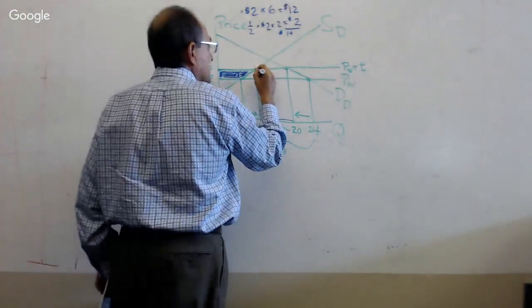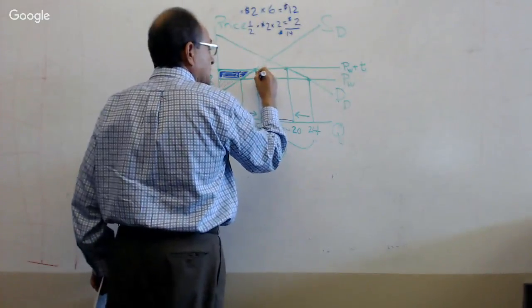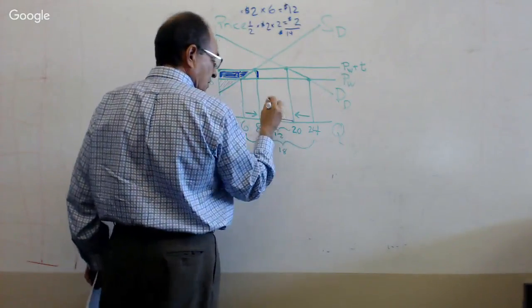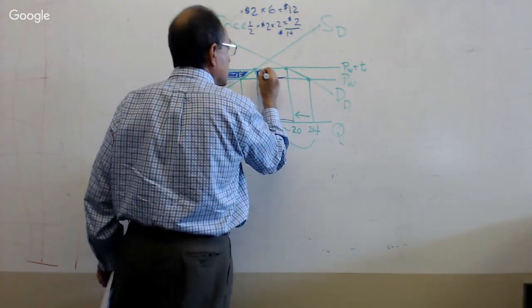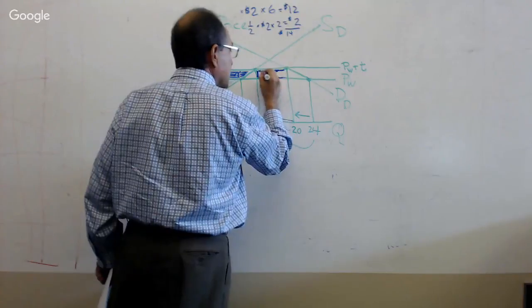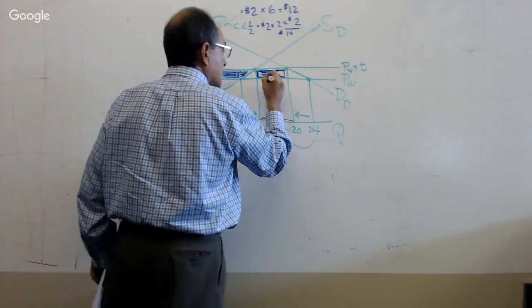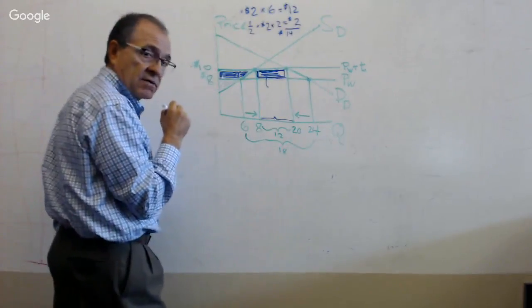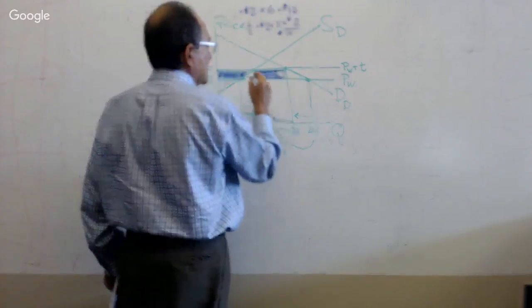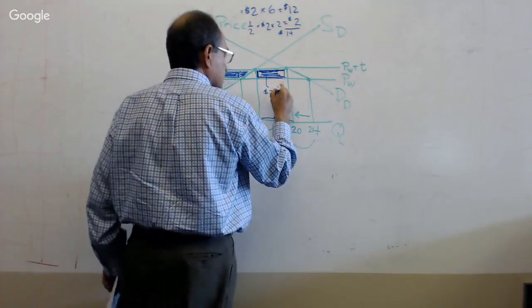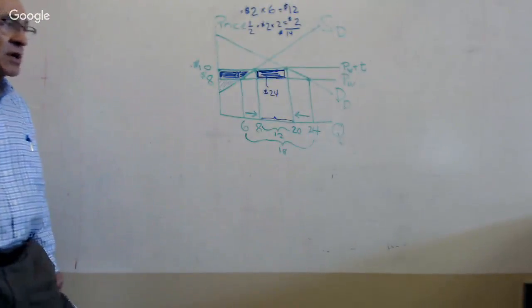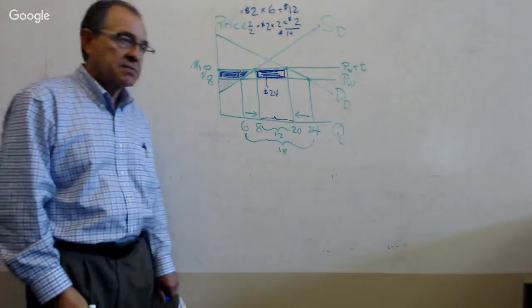That is represented by the height, which is $2, and the volume of imports, which is 12. So this area represents the increase in revenue to the government, and that's 2 times 12, or $24. So a $24 increase in government revenue.